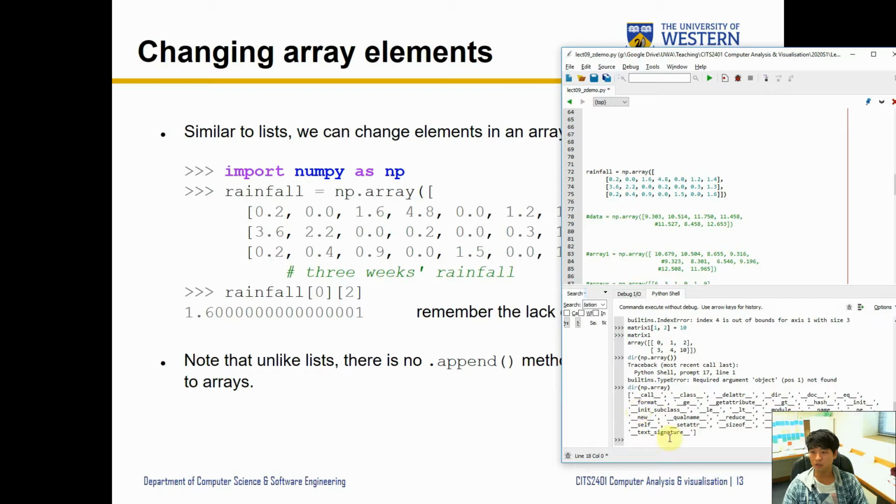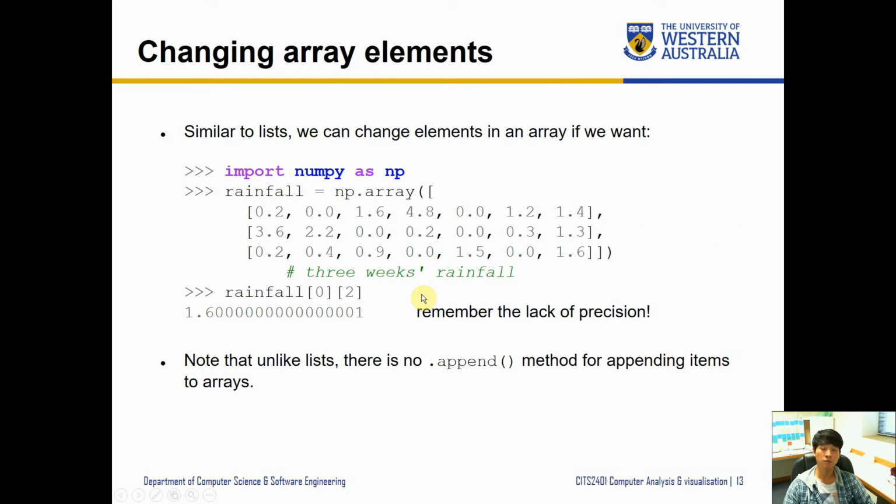So there's a limited number of things you could do with NumPy arrays, but as you'll find out soon enough, you don't really have to do those operations that you might need in lists.